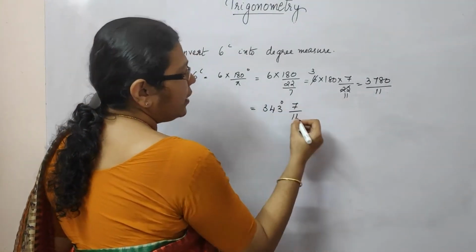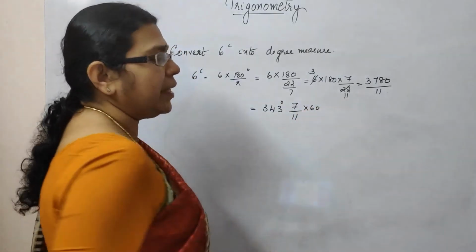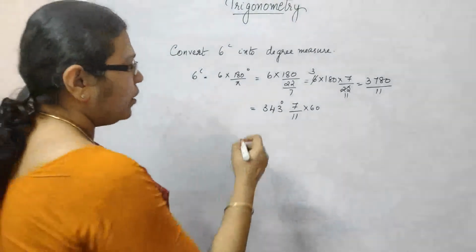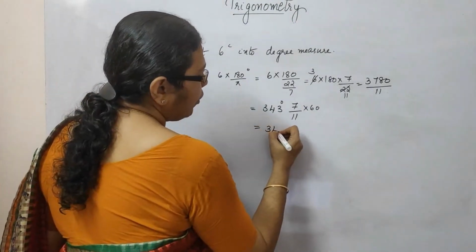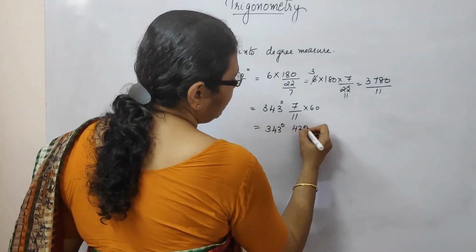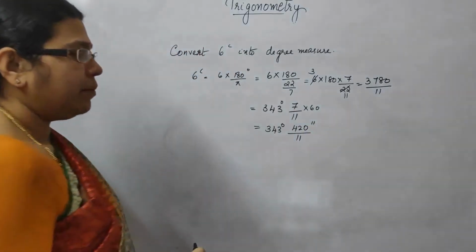So I take this as degree and I multiply this by 60 so that I'll get the next section, that is the minutes. So what do I get? 343 degree into 420 by 11 minutes.